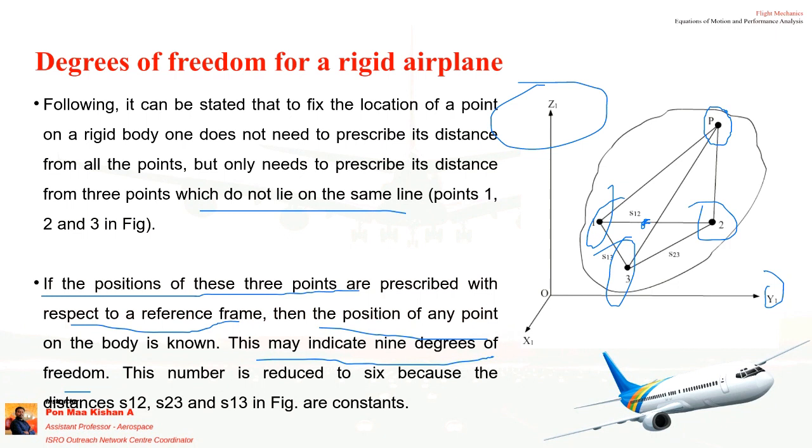The aircraft can move up, down, and forward. It can roll left and right, as well as yaw. So in case of an aircraft, we have three linear motions and angular motions: pitch, one is roll, one is yaw.